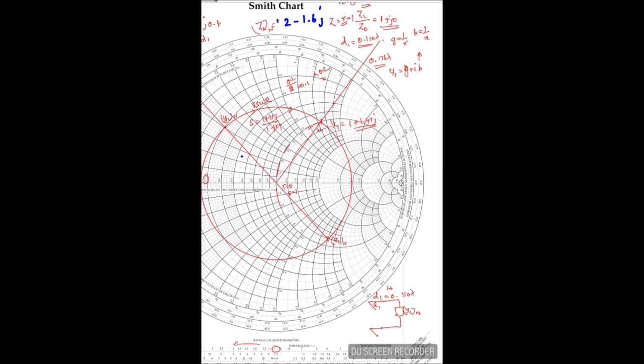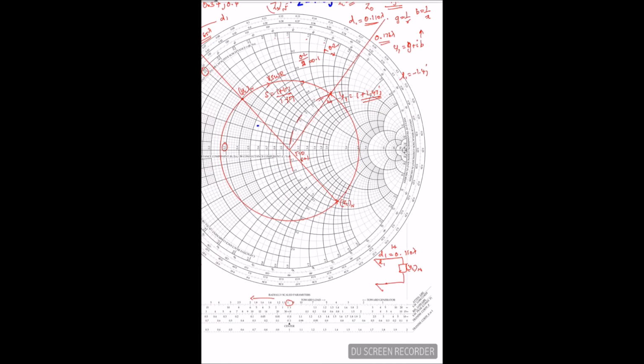So I have to add the stub of length L1 of minus 1.4j to cancel out this susceptance part of the admittance. This is the basic idea of single stub matching. In this process I will also come to know that there is a point from y1 of n to y1 on the r equal to 1 circle, and that I can also reach the r equal to 1 circle at another point, here at the bottom of the Smith chart.